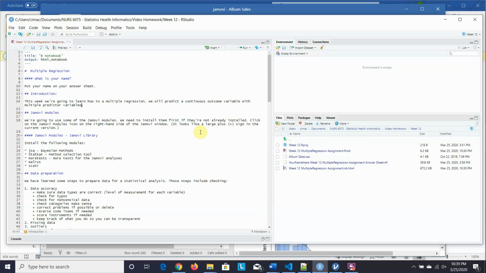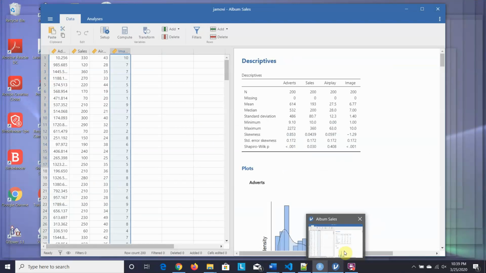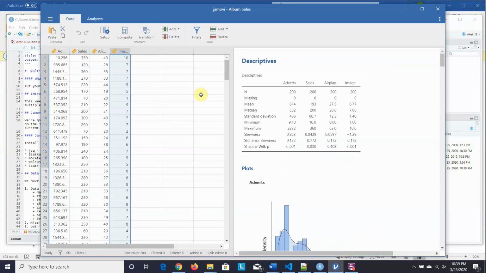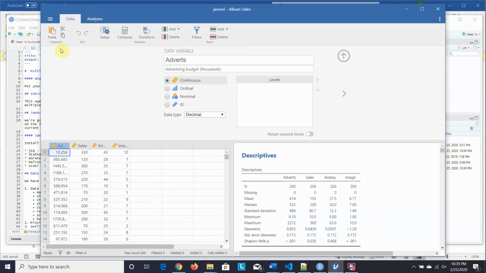So I already have the data set open in Jamovi. We're using the same data set that we did last time, album sales. We can go ahead and look at all the variables this time. We still have our adverts, our advertising budget, which is a continuous variable.